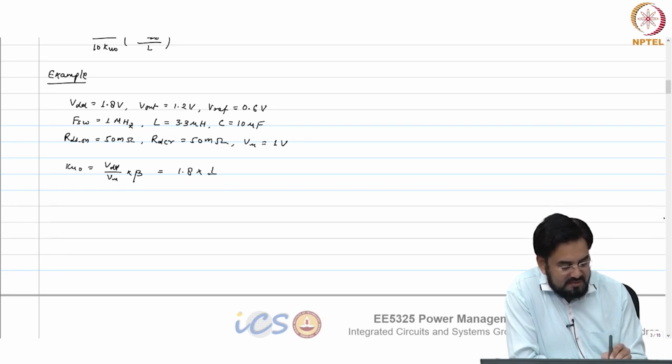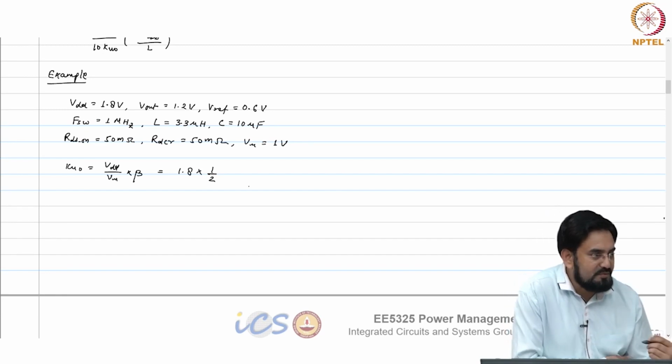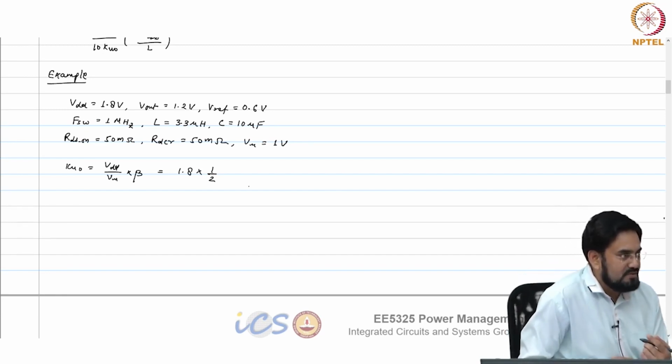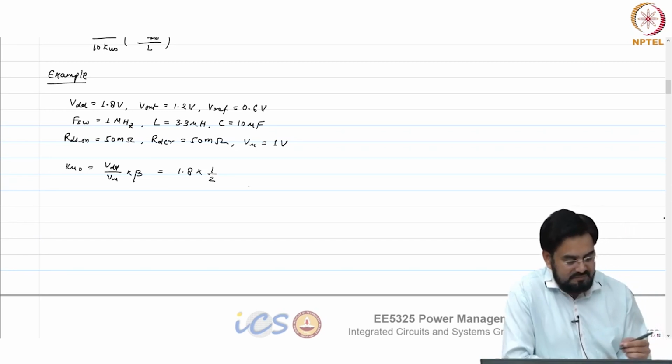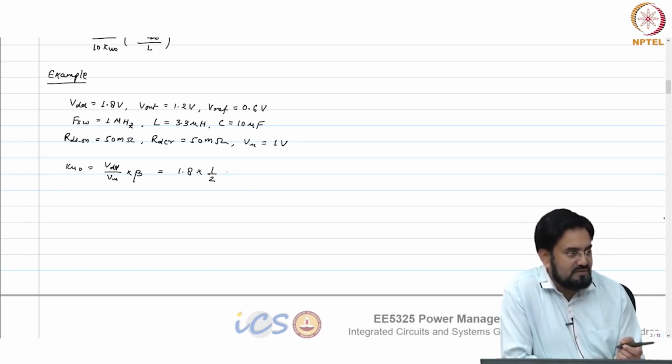Beta is how much? 0.6 volt Vref, output is 1.2 volt. So beta should be 1 by 2. Okay, Vref by V out.